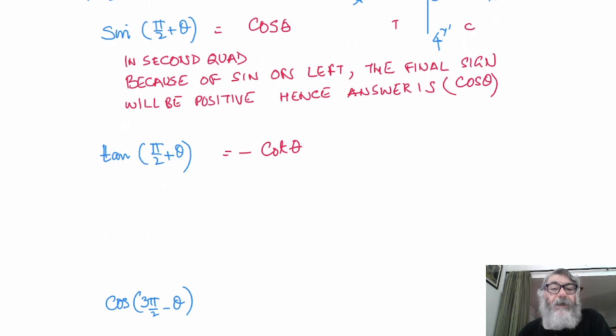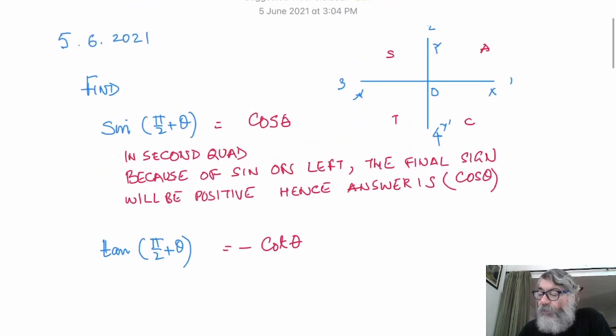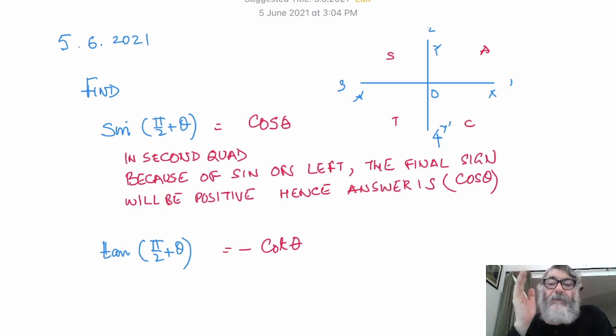Now, 3 pi by 2 minus theta. We told you how to determine whether the multiple of pi by 2 will fall along line 2 or line 4. Divide the coefficient of pi by 2 by 4 and see what the remainder is. In the case of pi by 2, it is very clear.